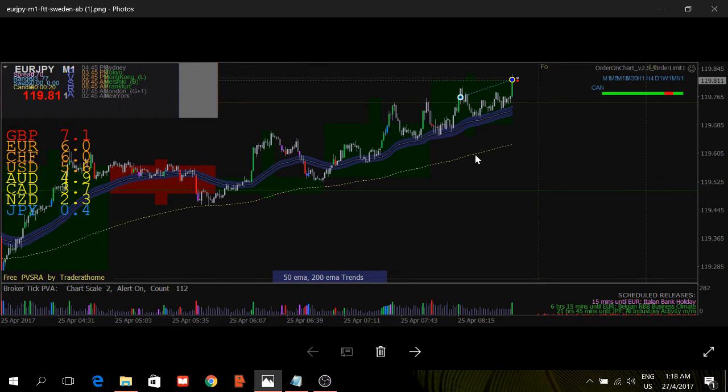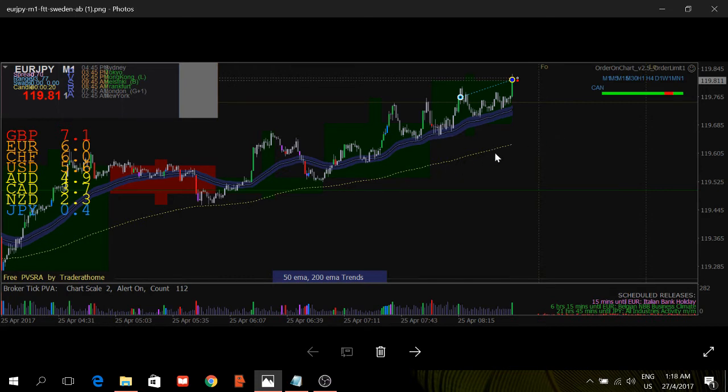So I'm looking at price, and for this strategy, we are going to trade bullish or bearish. In this example, we are buying, so it's a bullish trade. For this strategy, price has to be traded above the 200 EMA.